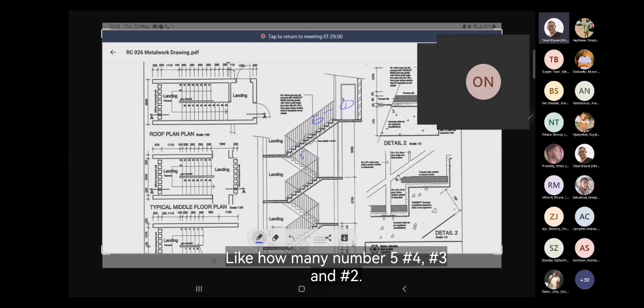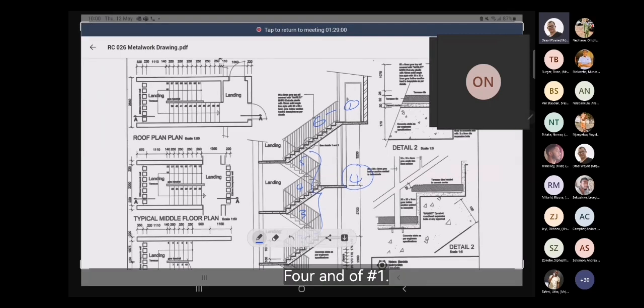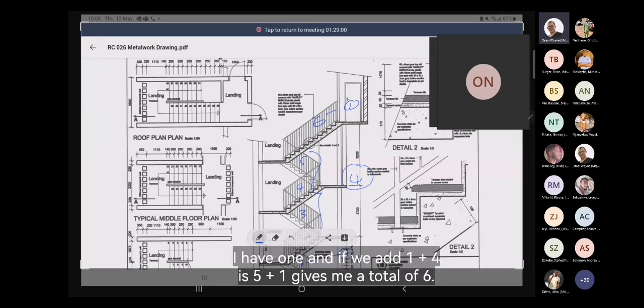How many of number 5, number 4, number 3, and number 2? I can say that I have 4 of. And of number 1, I have 1. And if we add 1 plus 4 is 5 plus 1 gives me a total of 6.